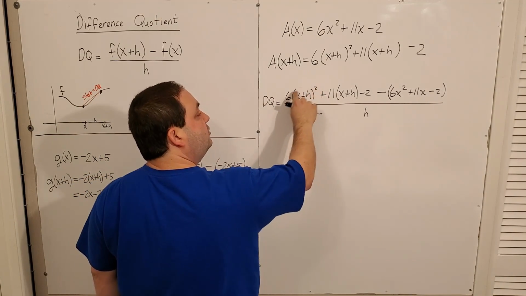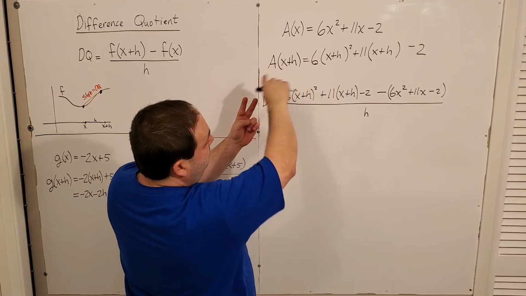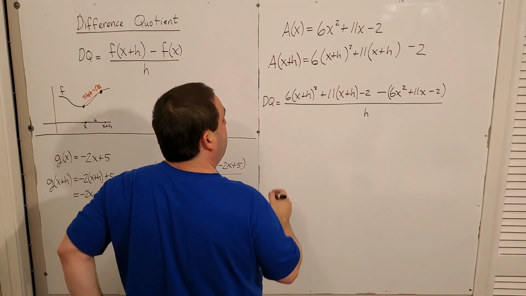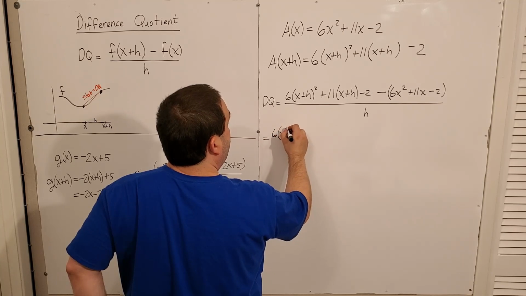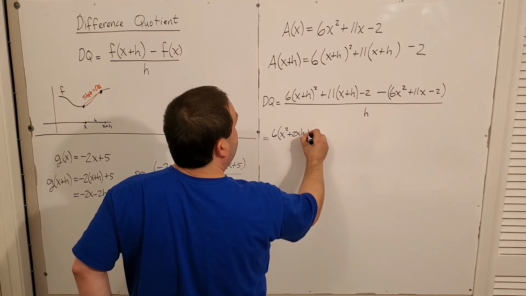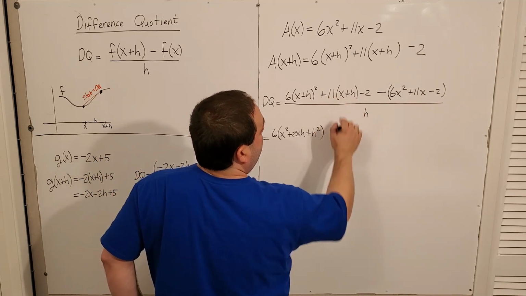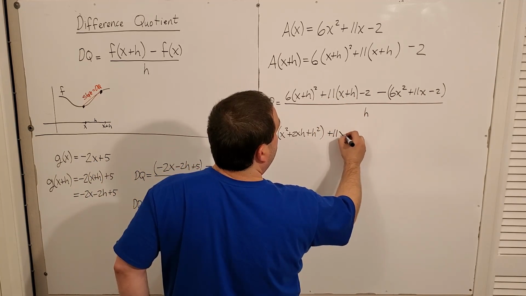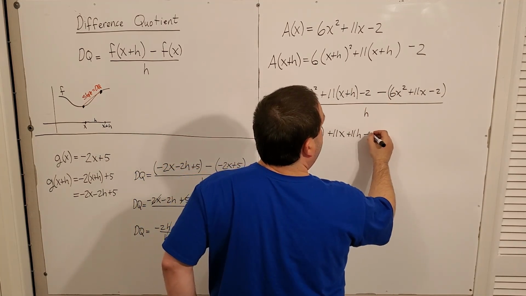Now don't forget, I can't just square x and h. I have to actually write x plus h, and multiply it out. What that's going to give me is 6x squared plus 12xh plus 6h squared. Okay, here I'll just distribute my 11. Minus 2 is still minus 2.